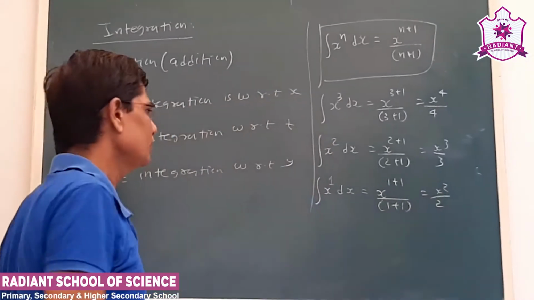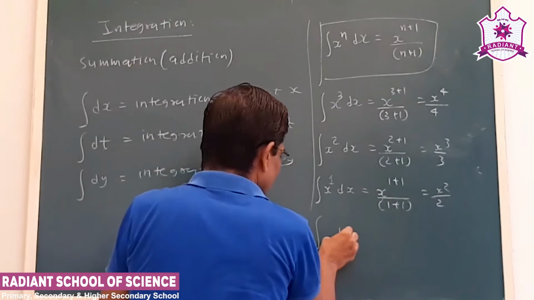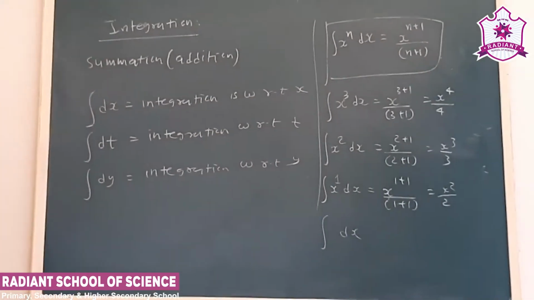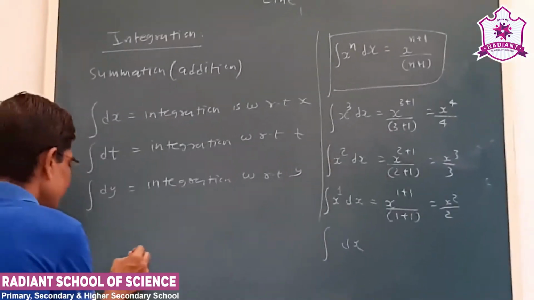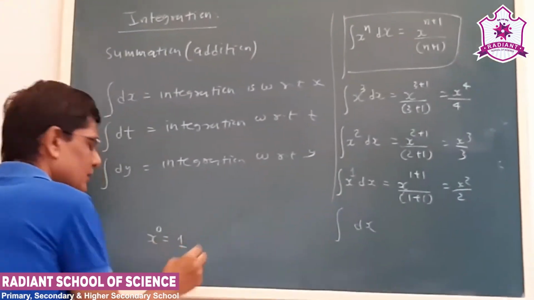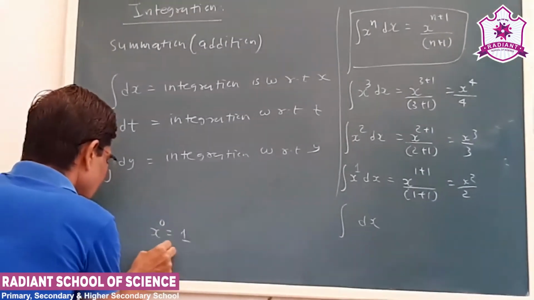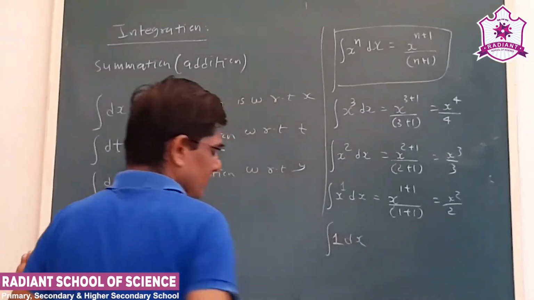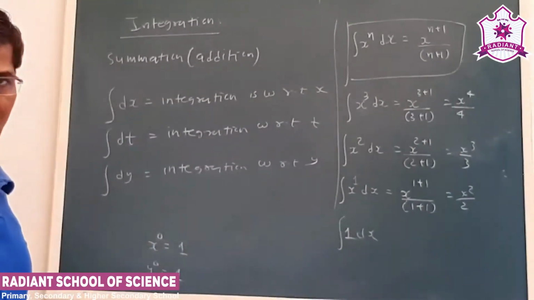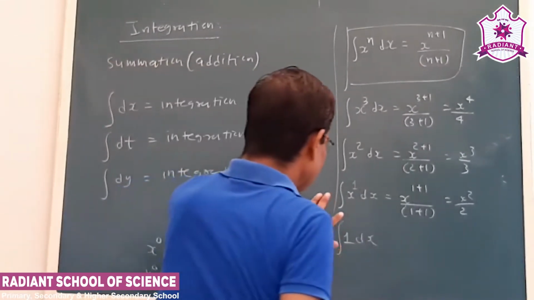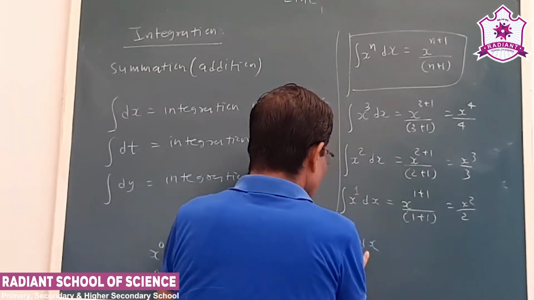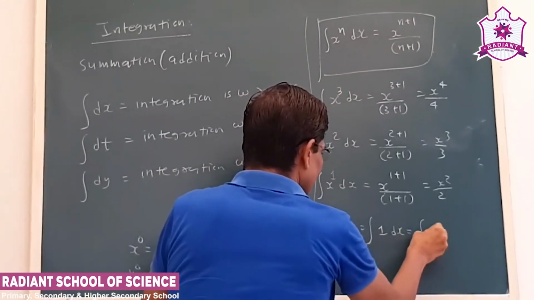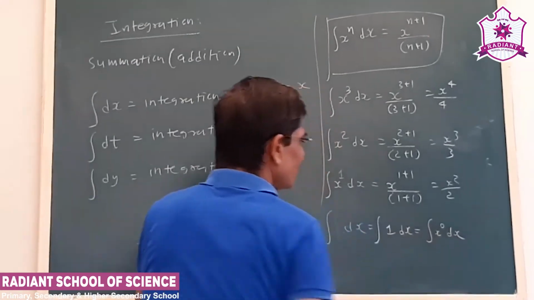Now suppose it is given integration dx only. Earlier we have seen that anything raised to the power 0 is 1. So we can write this as 1 dx, because 1 into any number remains the same. So we can write dx as 1 dx, that is x to the power 0 dx.